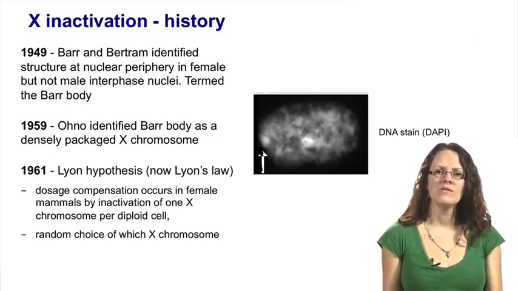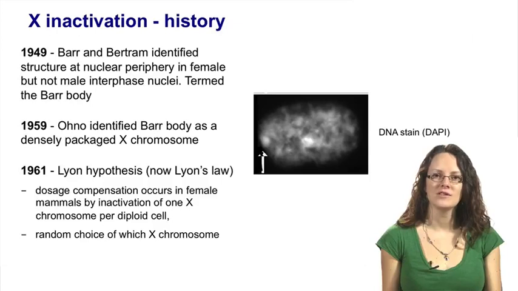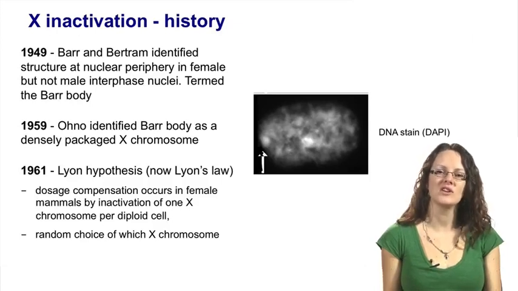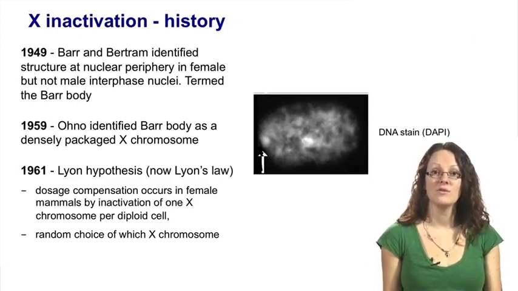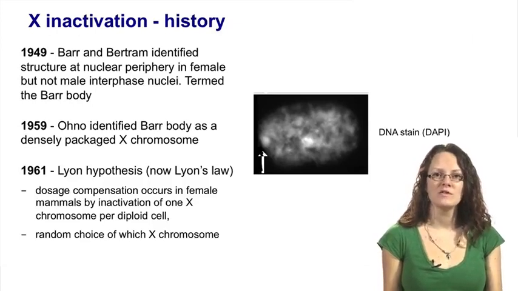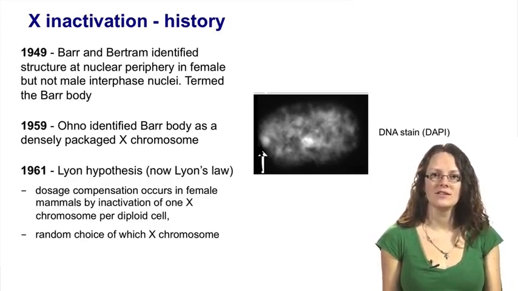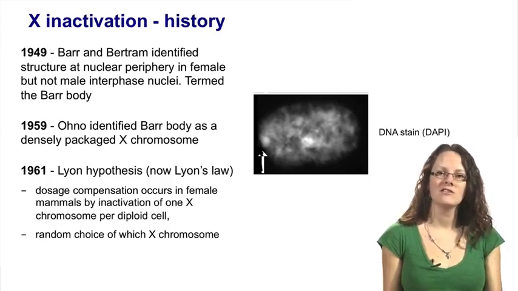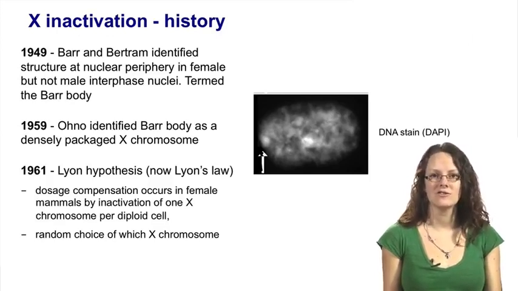And really, one of the hallmarks of Mary Lyon's hypothesis was that this choice of which X chromosome would be inactivated was random. You remember that we've spoken about on other occasions that there is random X inactivation, and either the paternally inherited or the maternally inherited X chromosome could be chosen to be inactivated, and that this choice is then heritable for the life of that cell and all of its progeny.